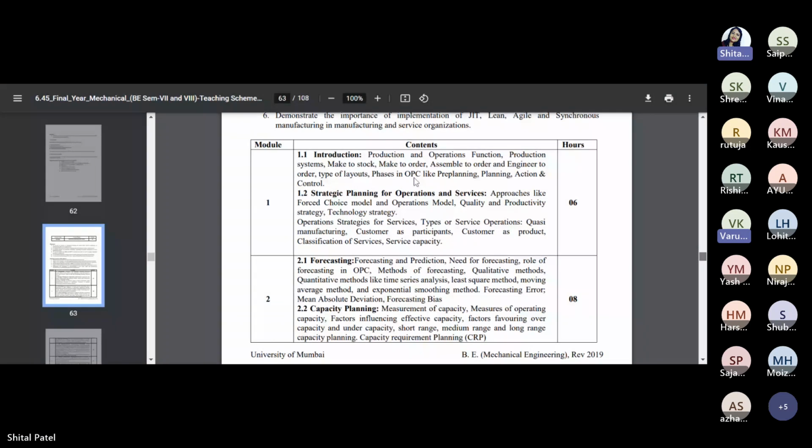Then the next category or extension of the same is assemble to order and engineer to order. Right? So in either of the combinations, this question may be asked. Maybe it is of 5 marks or otherwise it is of 10 marks. Okay.